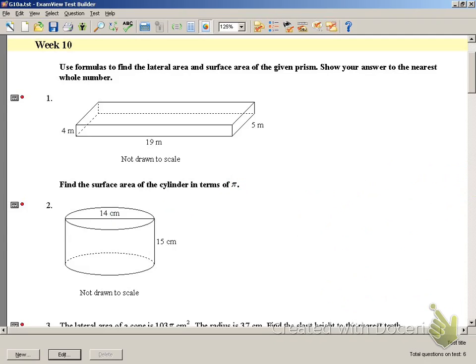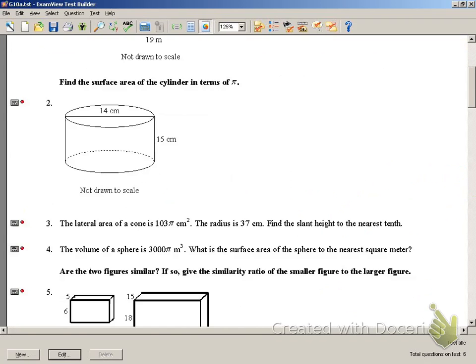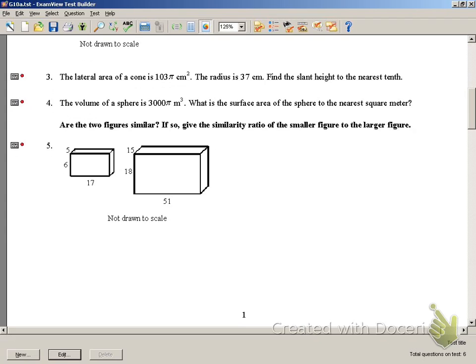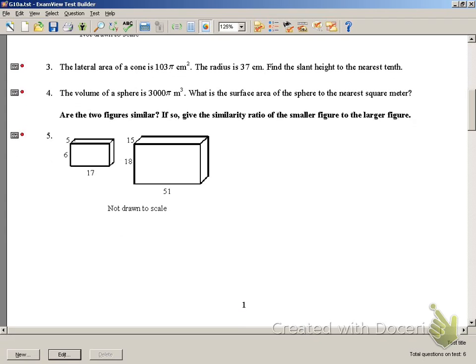Number 3. We're asked to find the lateral area of a cone. The lateral area of a cone is 103 pi. The radius is 37. Find the slant height. So if we're given the lateral area and the radius, we want to find the slant height. So think about what our formula would be.